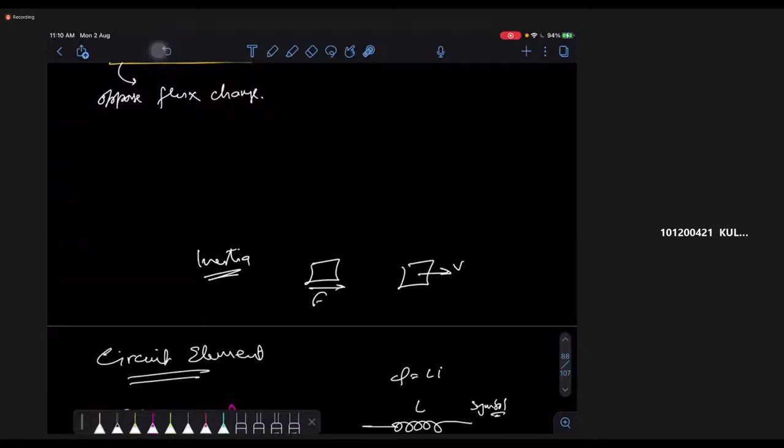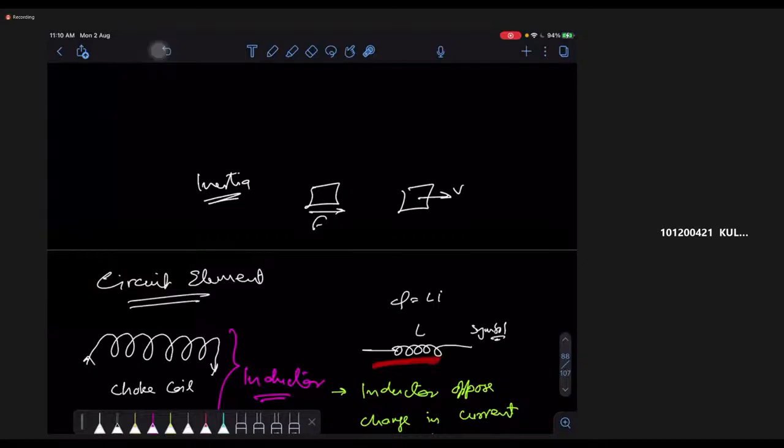The same thing happens with the inductor. If you leave the inductor, it never allows the change of current. Current is never going to change. But some external effect can change the current. But when some external effect tries to change it, it will oppose. Just like inertia. If you apply a force, there is opposition. Now this opposition does not mean an opposite force.